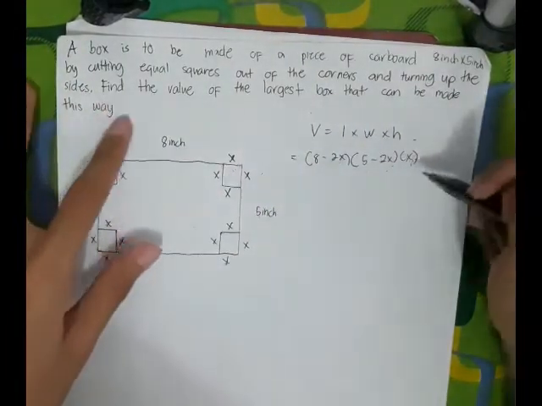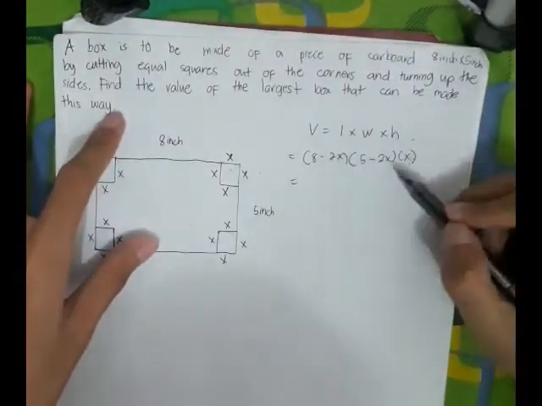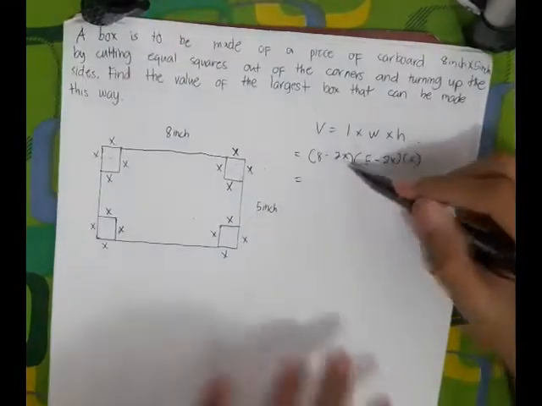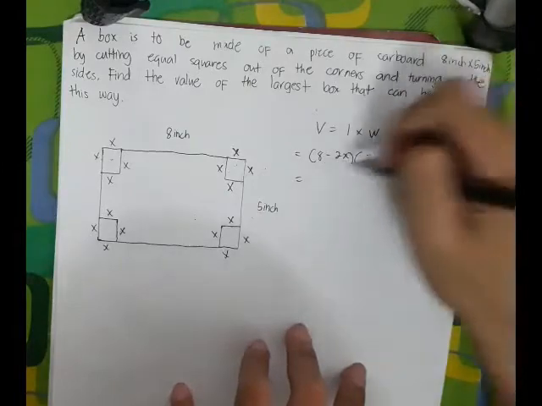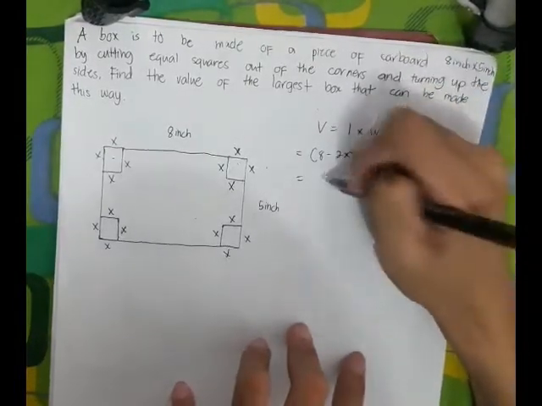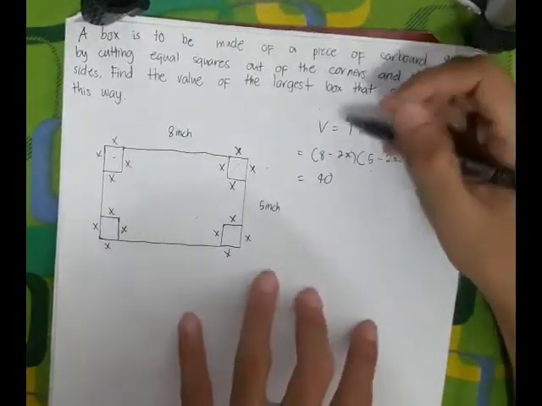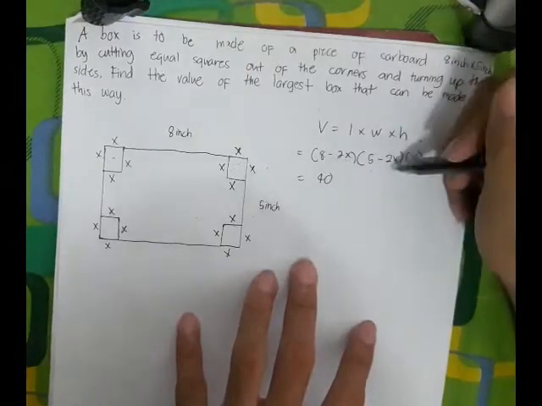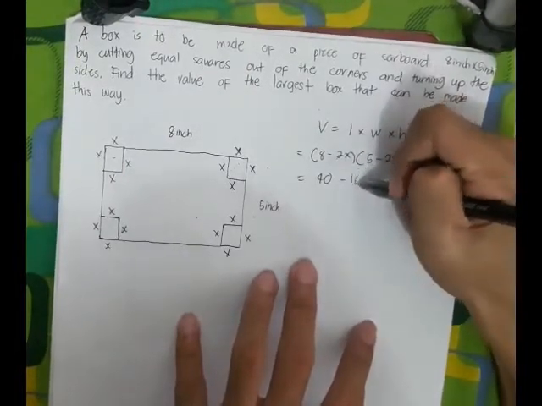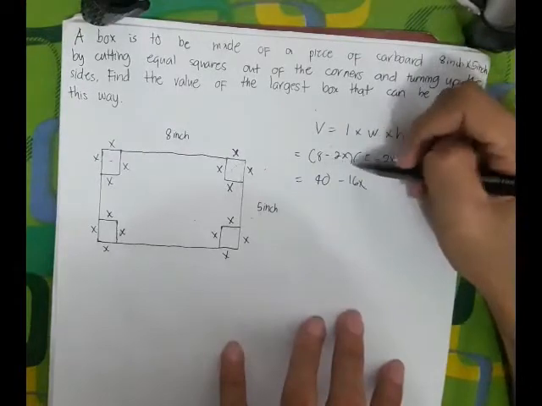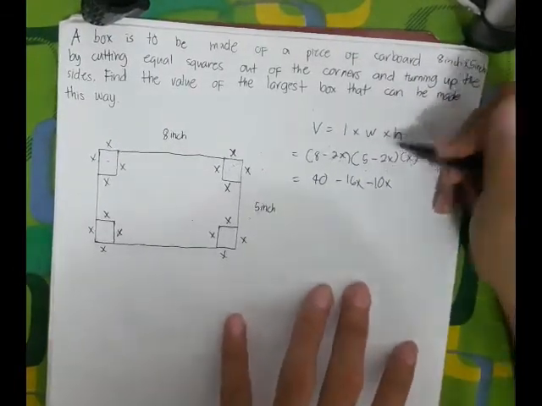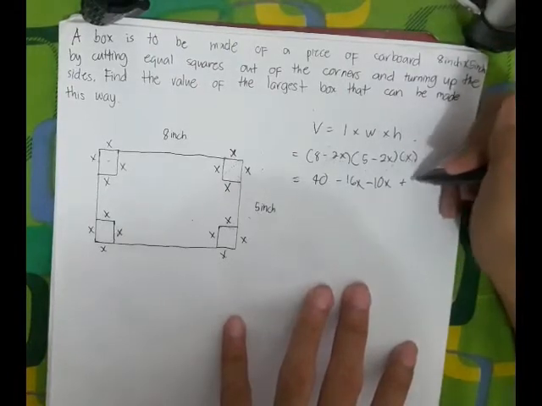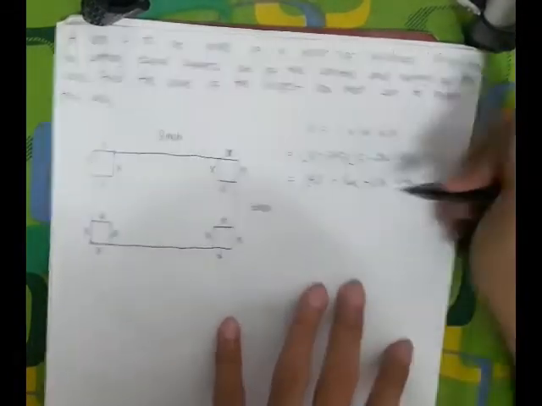So now what we need to do is to evaluate this equation, multiplying it out. 8 times 5 equals 40, 8 times negative 2x is negative 16x, inner negative 10x, outer positive 4x squared, times x.